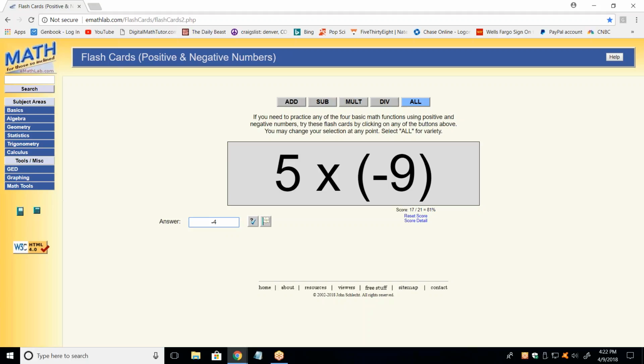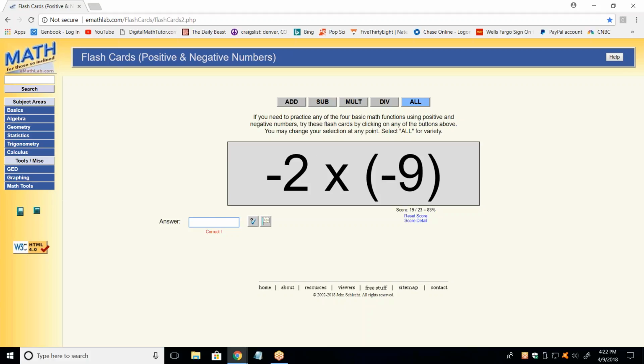What's the next digit going to be? 5. Go ahead. 2. Remember, when you have a smaller number minus a bigger number, your answer always has to be negative. Negative 2. What's the sign going to be? The sign's going to be positive, and it's going to be 18.